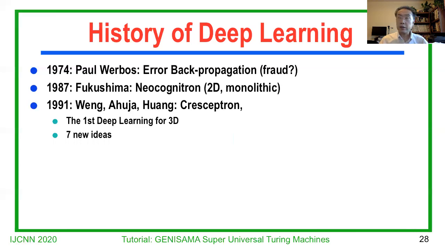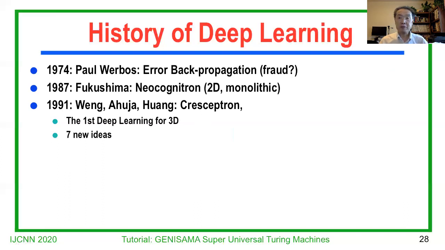The title is Motion and Structure from Image Sequences. But from 1990 on, I started to do Cresceptron. Our goal is to learn from the 3D world without a 2D model, without a 3D model, not at all. So it is the first deep learning for the 3D world and for cluttered environments.